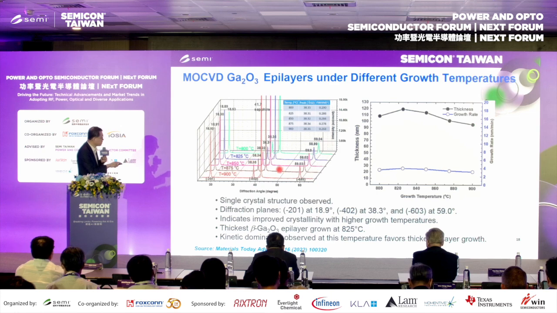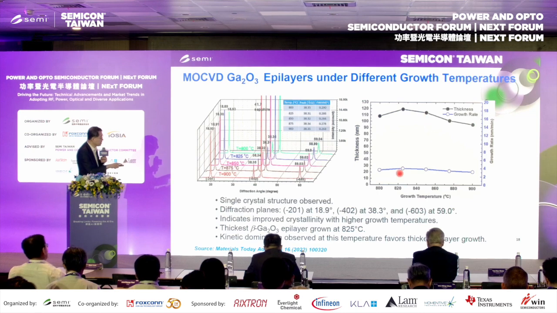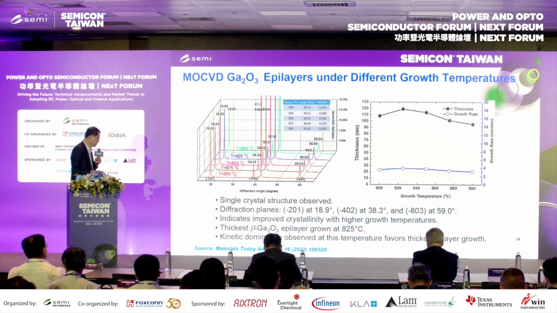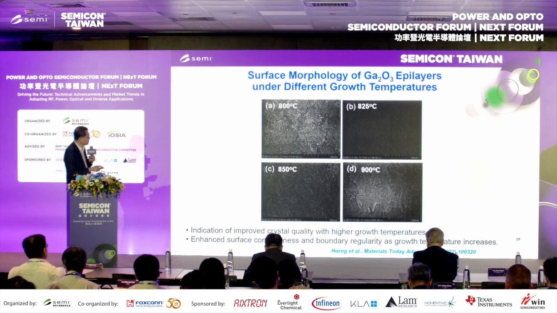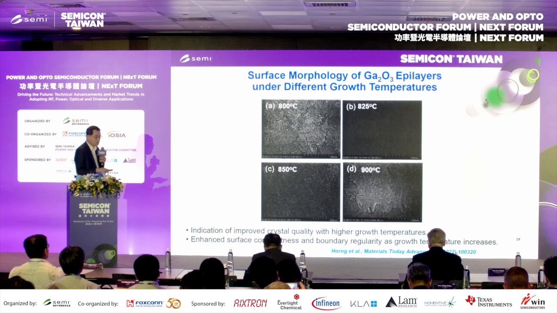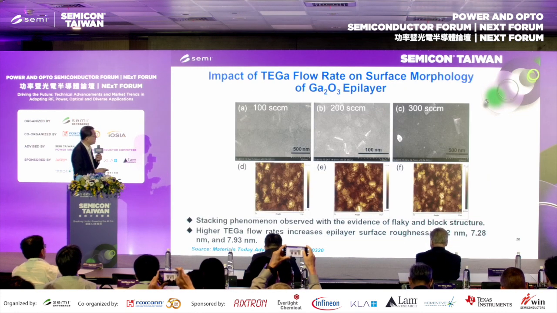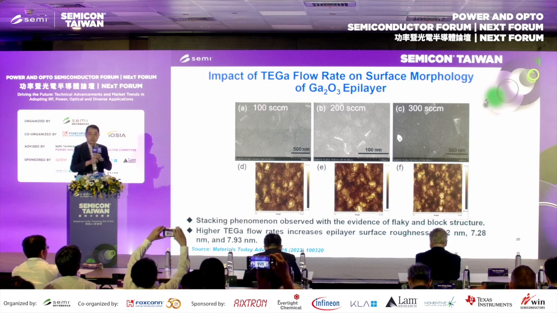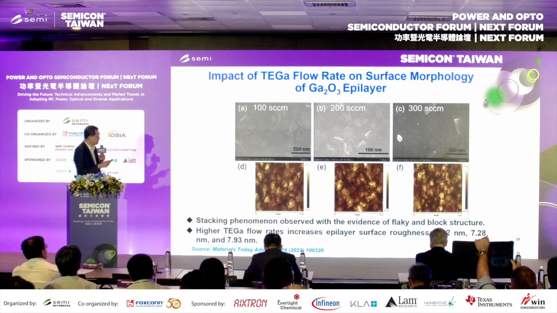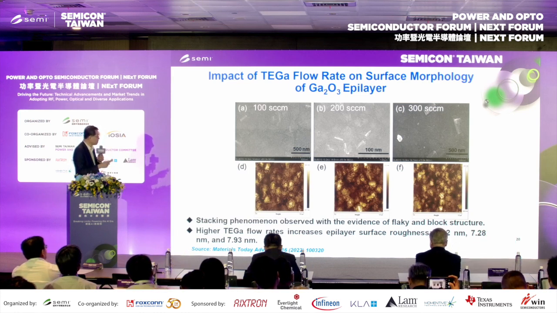You have different degrees here. This is the thickness, and this is the growth rate. And this is the surface morphology, which also depends on the growth temperature. And this is the effect of gallium flow on the surface morphology.